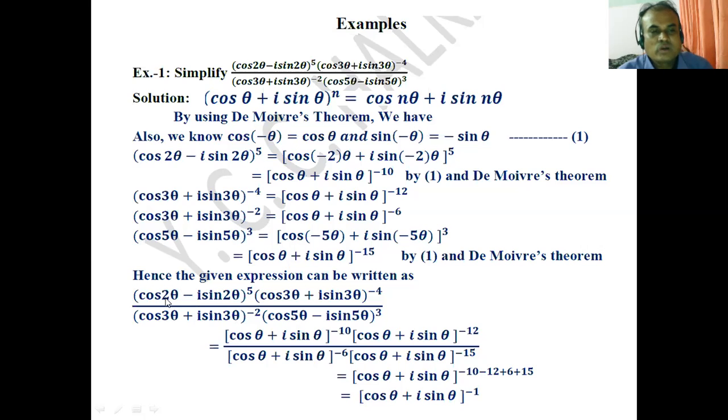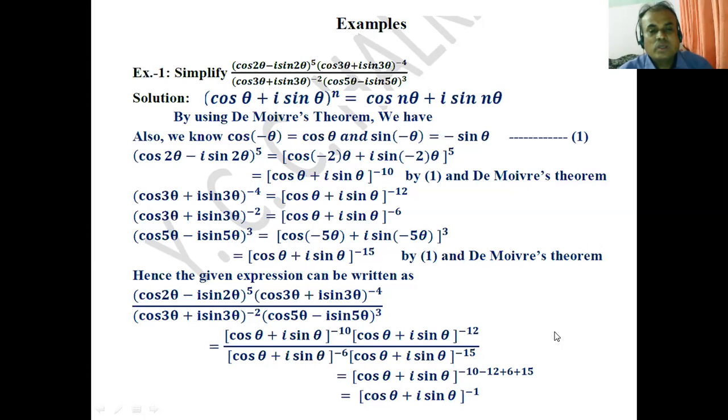So cos of 2 theta minus i sin of theta raised to 5, its simplification is cos theta plus i sin theta raised to minus 10. We put here. Next factor simplification is cos theta plus i sin theta raised to minus 12. We put here. Third is put here, and the fourth factor is also here.